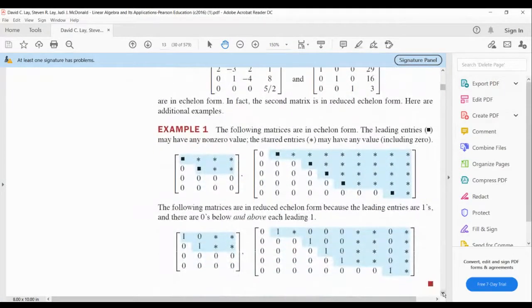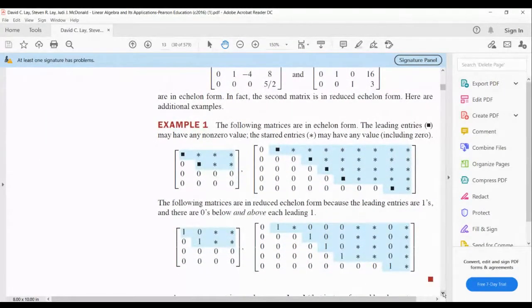In example 1, let me highlight this. The following matrices are in echelon form. First of all, non-zero rows are above any rows of all zeros, and that's true in these 2 matrices here in example 1.